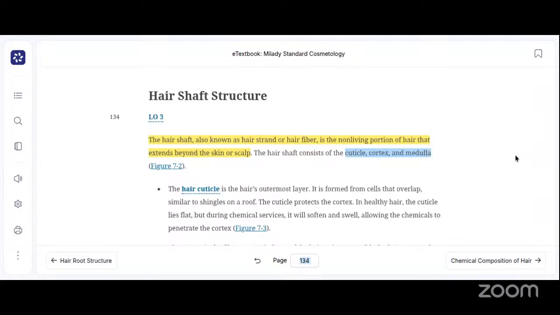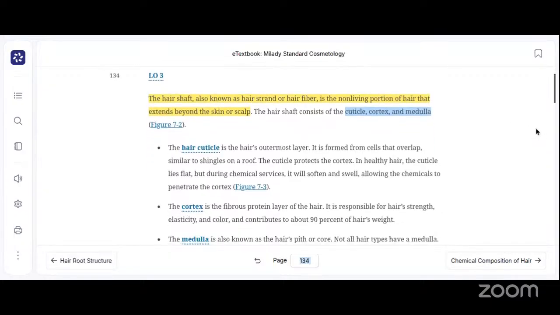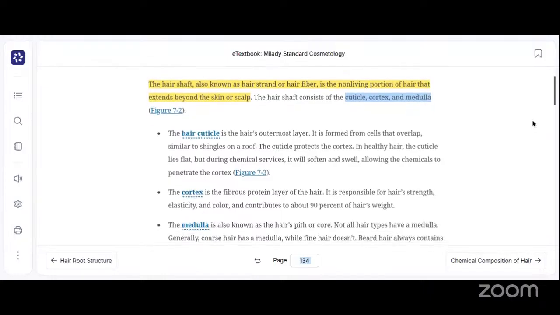So if you have fine, also another word for thin hair, if you have thinning hair, you may not have a medulla.